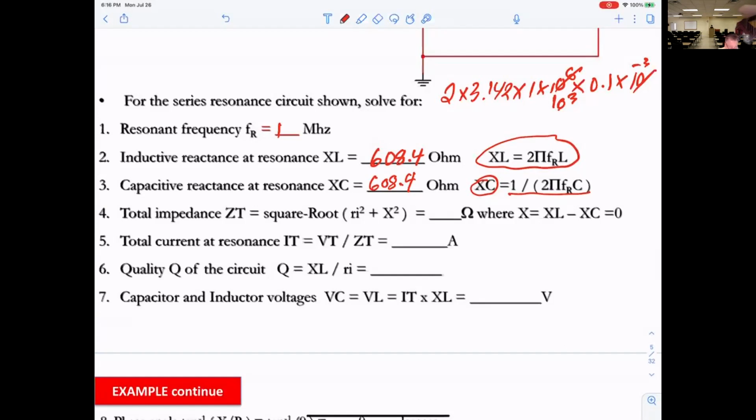So now they want to calculate the total impedance at the resonance.